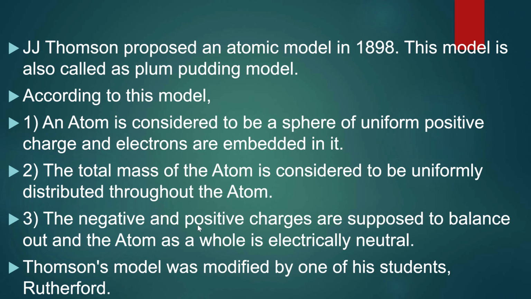Yes children, electrons are negatively charged particles and protons are positively charged particles, and since they are equal in number, they balance out, and as a result your atom is electrically neutral. But Thomson's model was later modified by one of his students, Rutherford, and we'll be learning about Rutherford's alpha ray scattering experiment in our next session.